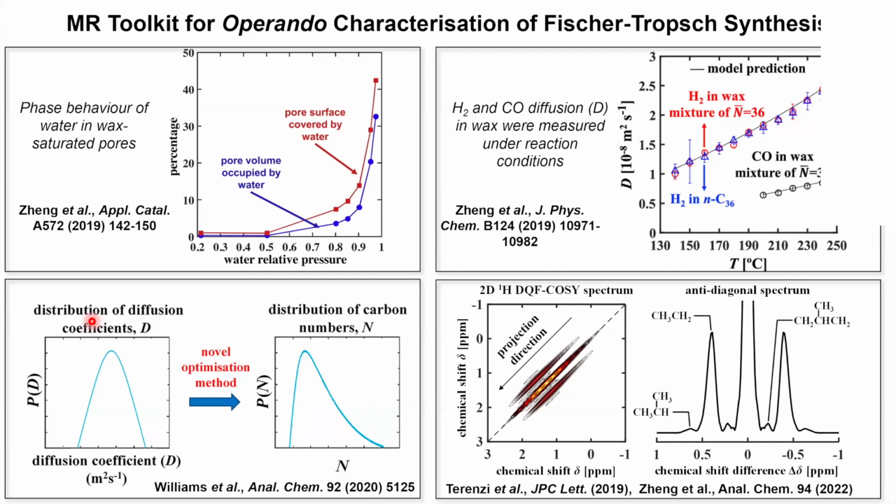If we do an inverse Laplace on that, that gives us a distribution of diffusion coefficients. That distribution of diffusion coefficients contains information about the distribution of carbon chain lengths, carbon numbers. And so from a diffusion distribution, we can extract out a carbon number distribution. We can tell what products we've got in our system.